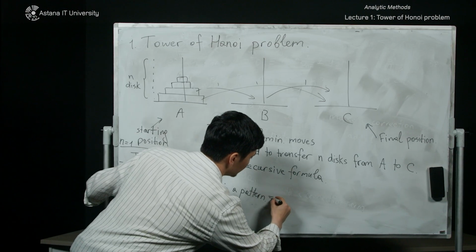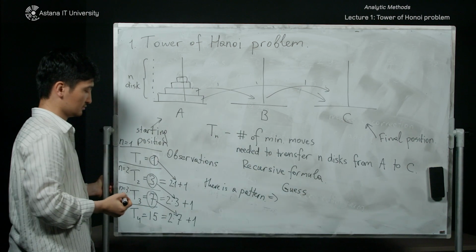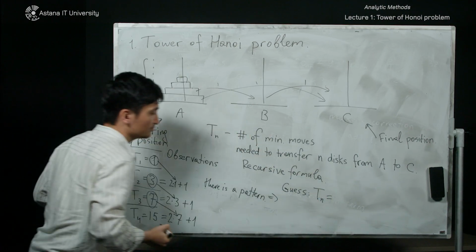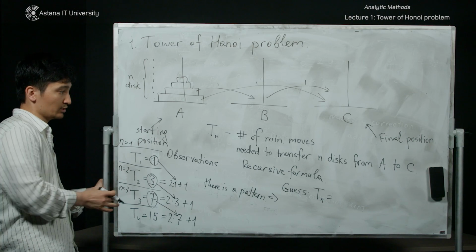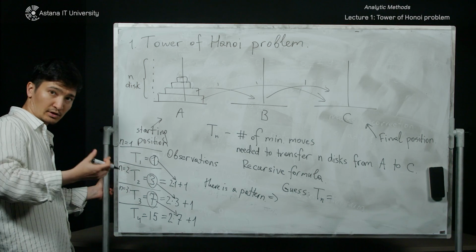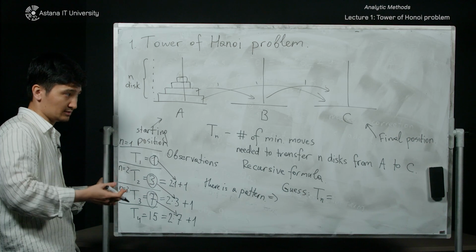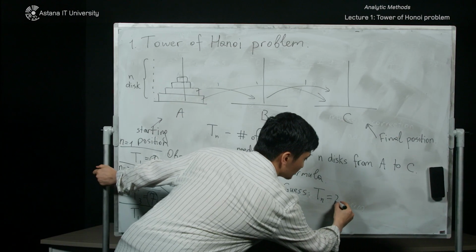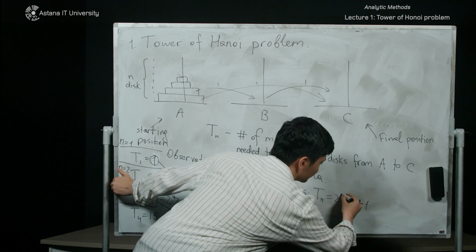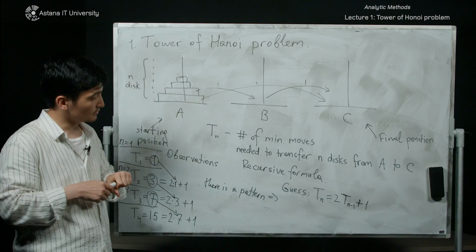Based on this, we're going to guess that Tn equals, remember I'm looking for the general formula for the recursive function, so I'm saying Tn. If Tn is my current, then the previous is Tn minus 1. So Tn equals 2 times Tn minus 1 plus 1. This is my guess.